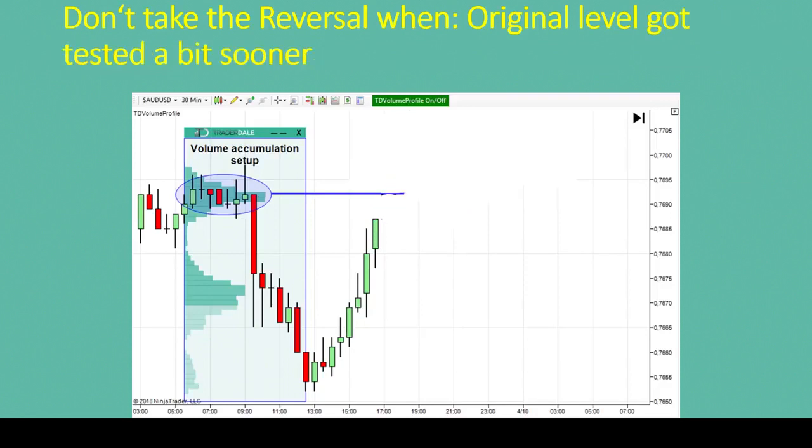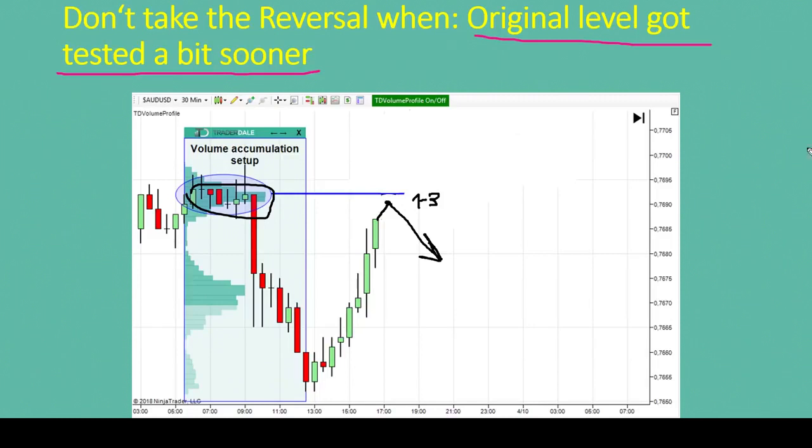Another case where you don't take the reversal is when the original level got tested a little bit sooner. What it means is that the price approached the level, but it reacted a little bit sooner, let's say 1 or 3 pips sooner, and it made a significant reaction. So you can tell that this reaction was a reaction to this level. When you see something like this, the level is already tested and you don't take the reversal.